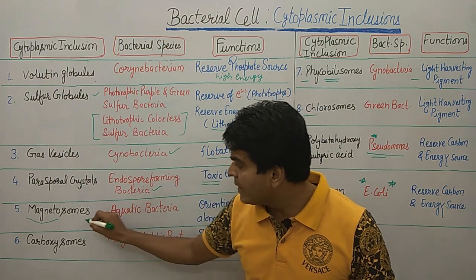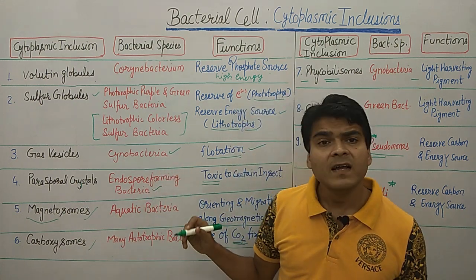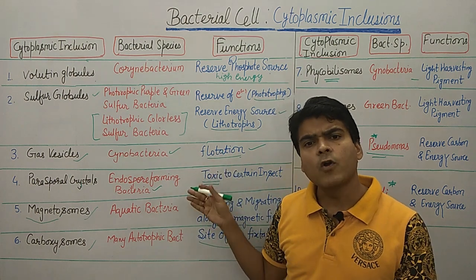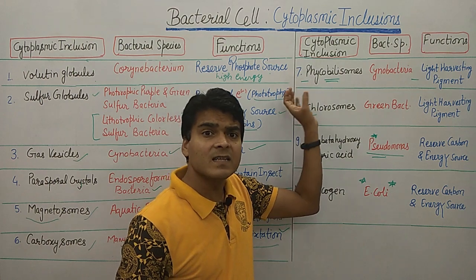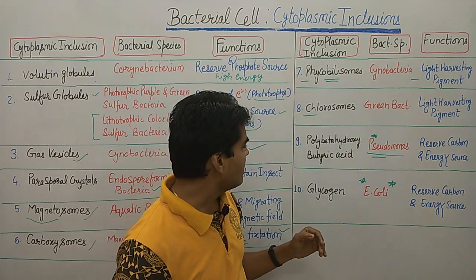As well as on magnetosomes and carboxysomes, the examiner asks questions. And what is the function of gas vesicles? Four options can be given for gas vesicles. And phycobilisomes, this is a different kind of name, so this is also important.